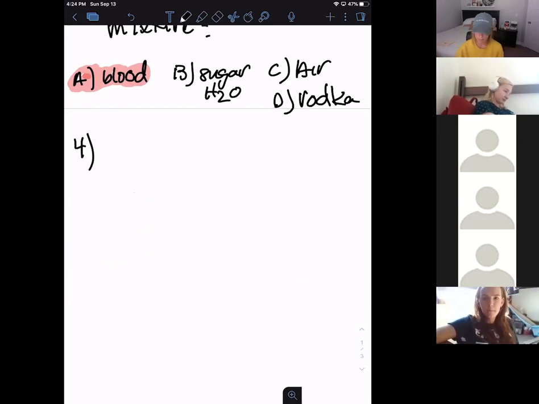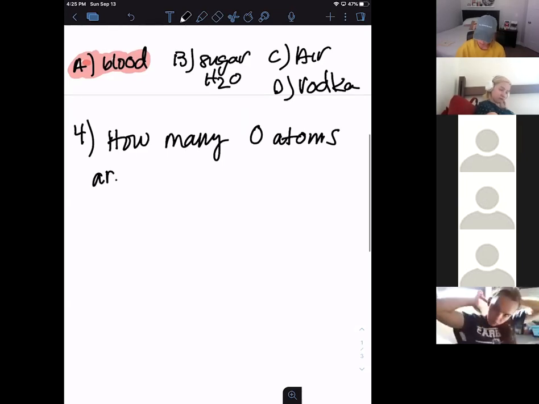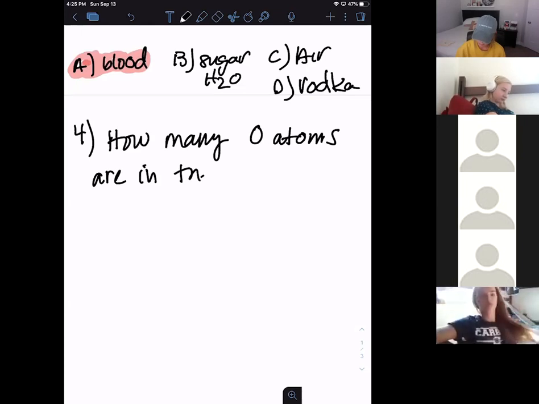How many O atoms are in this formula? Dyslexia. Okay, ready?